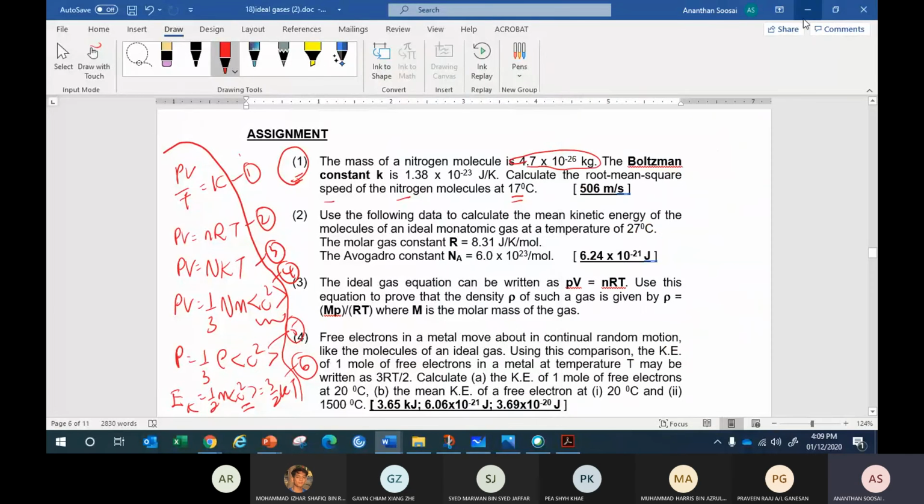So I already showed you the idea. Get the answer. Okay, so all of you got the answer, 506 meters per second. The equation must be number 6.